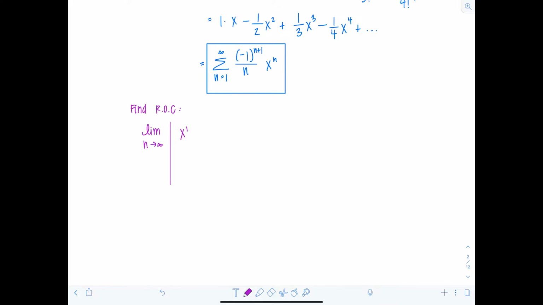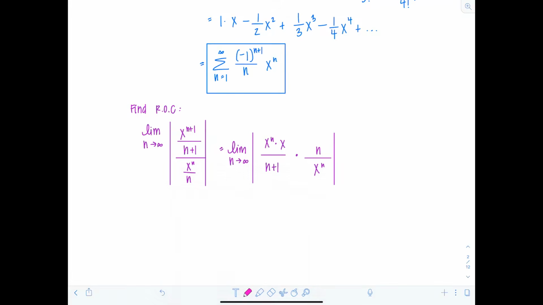So I'm going to have x to the n plus 1 over n plus 1 over x to the n over n, which is going to give me the limit as n approaches infinity of x to the n times x over n plus 1 times n over x to the n.